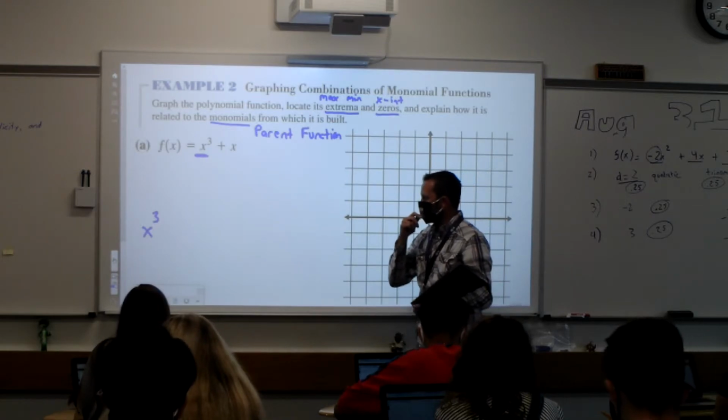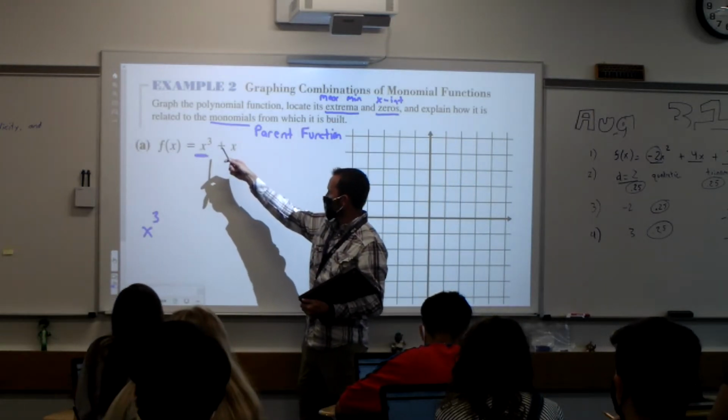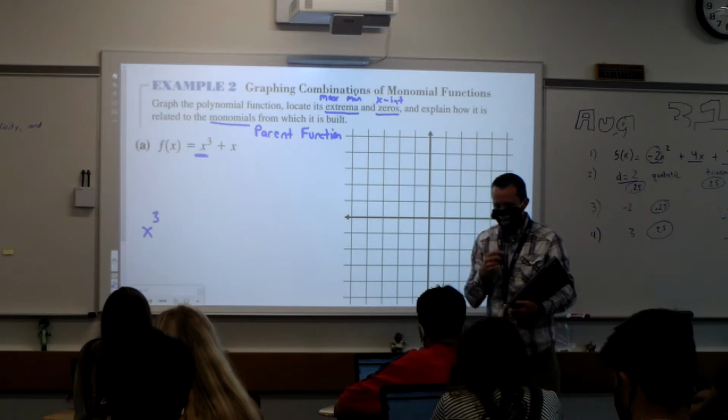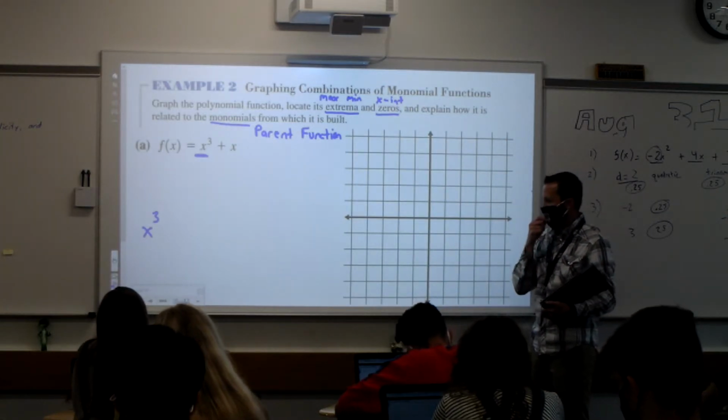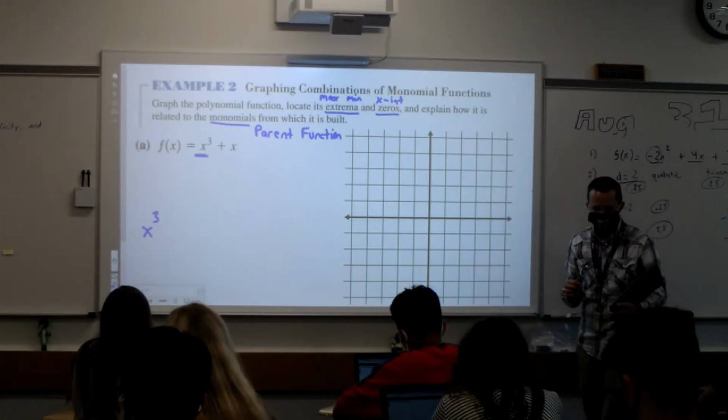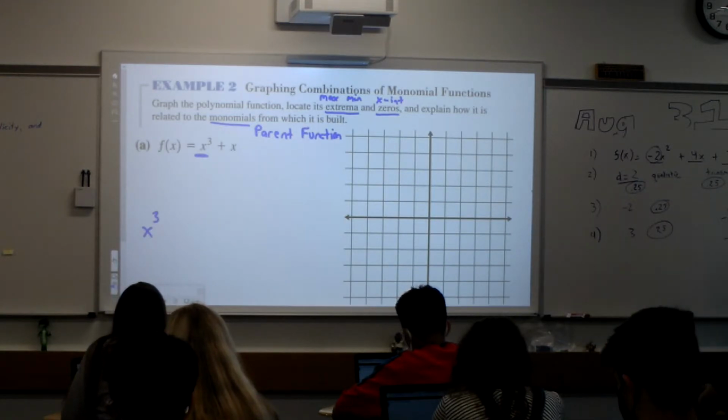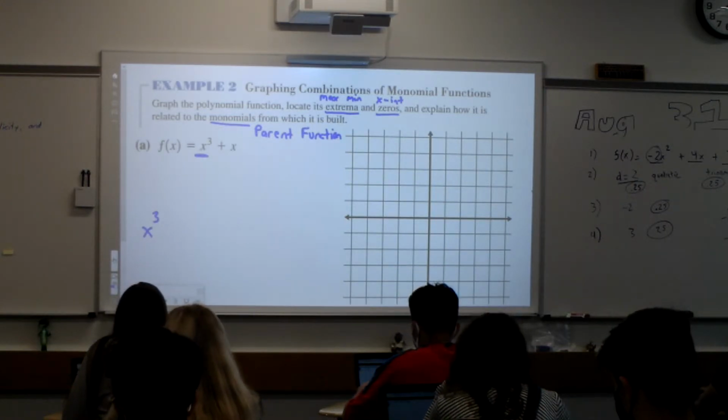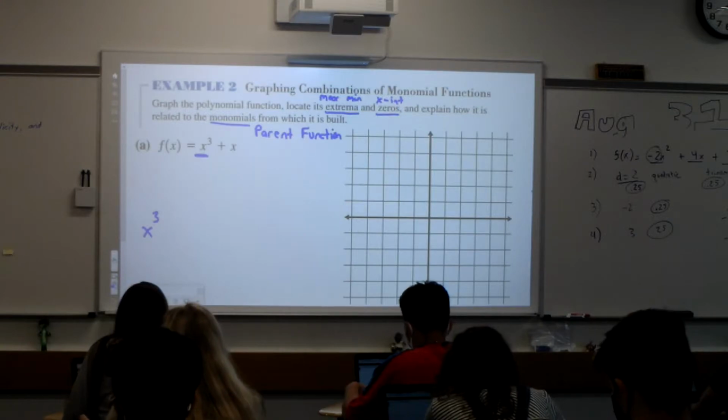Now what you're going to do on Desmos is x cubed plus x. And let's see, how does adding that x change the shape? I'm going to kind of walk around.